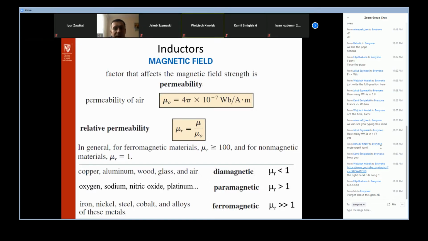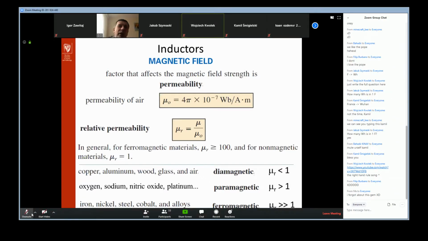The permeability is the same as the E for the capacitor for electric materials. I forgot it in English.